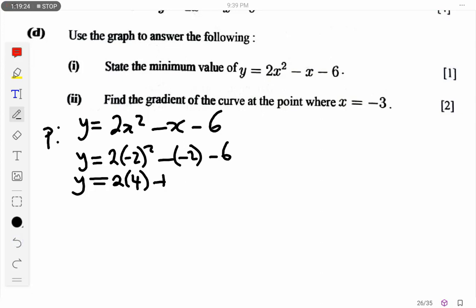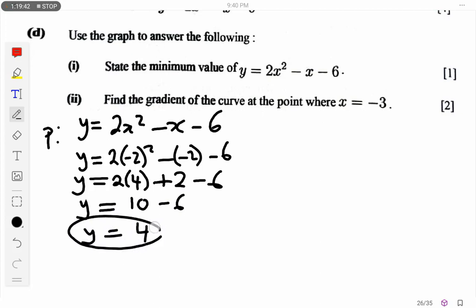Then minus 6, like that. So our y value is 2 times 4, that's 8, 8 plus 2, that's 10, 10 minus 6, we get y equals 4. So when y is 4, this means our p is equal to 4.